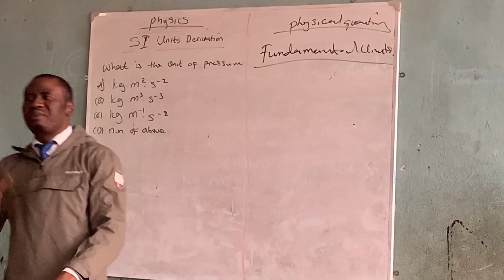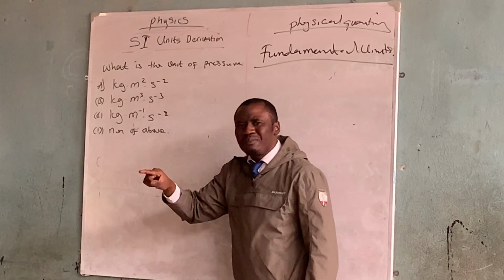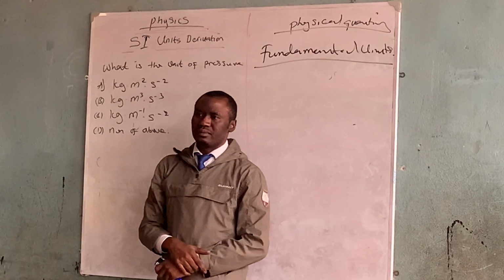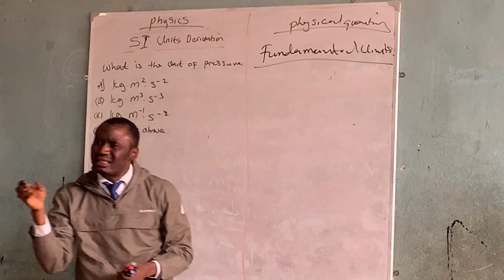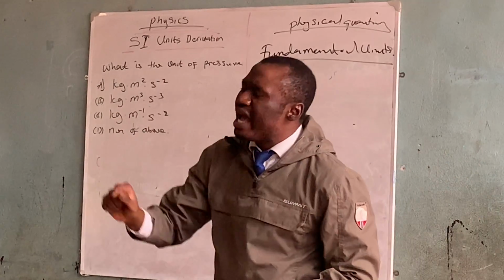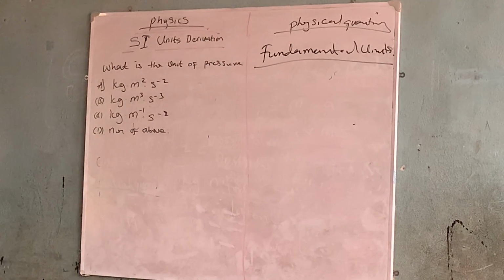We want to derive these things with reference to a specified quantity. The fundamental unit is attached to the fundamental quantities. Are you clear?